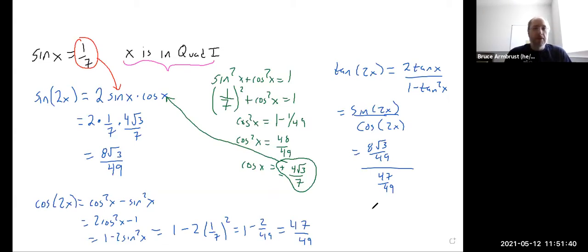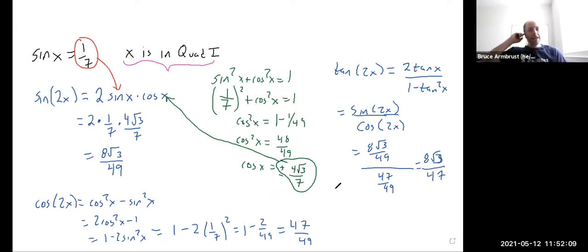Pick the one that's easiest, most convenient, that's going to do the job the best. Like, you don't always grab a hammer. Sometimes you grab the screwdriver. Same thing here. This is just a matter of flipping it over and multiplying. And in this case, we're going to get 8 root 3 over 47.